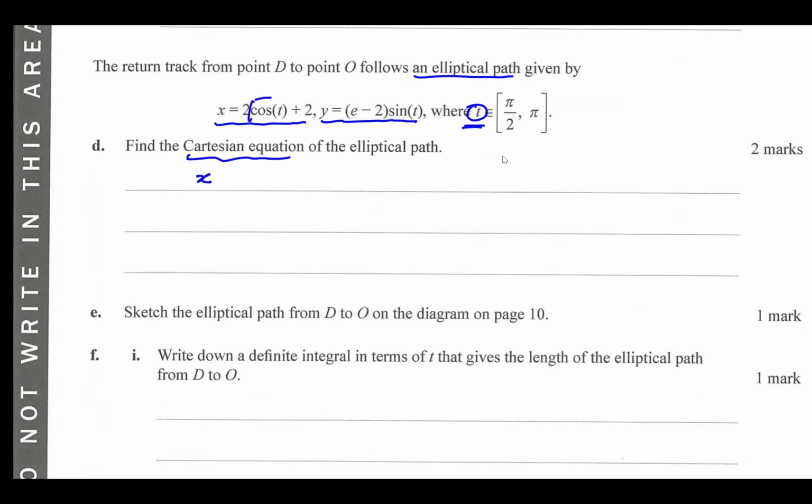Firstly, we can recognize we can isolate cosine t and sine t. So (x minus 2) divided by 2 equals cosine of t, and y divided by (e minus 2) equals sine t.